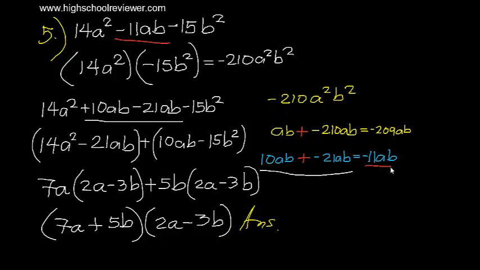Select the factors that will give us the sum that is equal to our second term, and then rewrite the equation using this, and then perform grouping, and after you group, you factor out, and then this will now be our final answer, the quantity of 7a plus 5b multiplied by the quantity of 2a minus 3b.